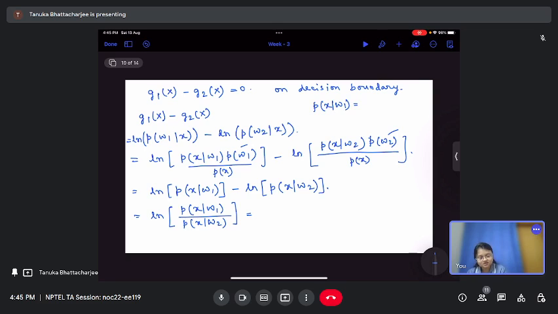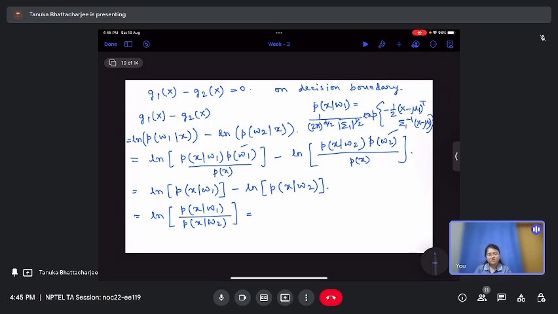For the first class omega 1, the expression will be 1 by 2 pi to the power d by 2, where d is the dimension of the feature vector, determinant of sigma 1 to the power half, exponential minus half x minus mu 1 transpose sigma 1 inverse x minus mu 1.